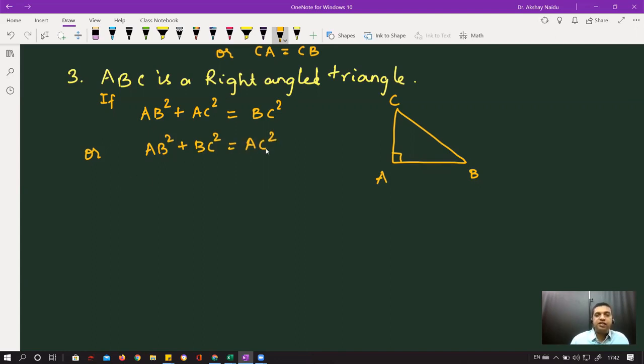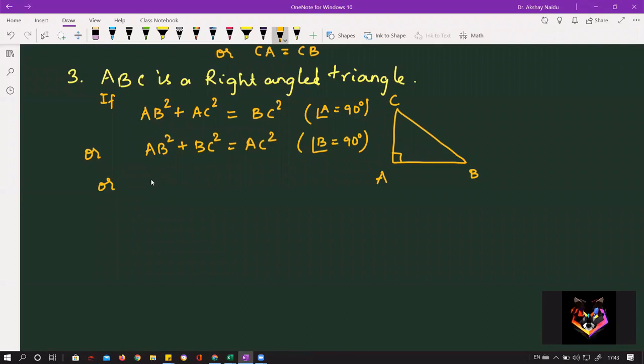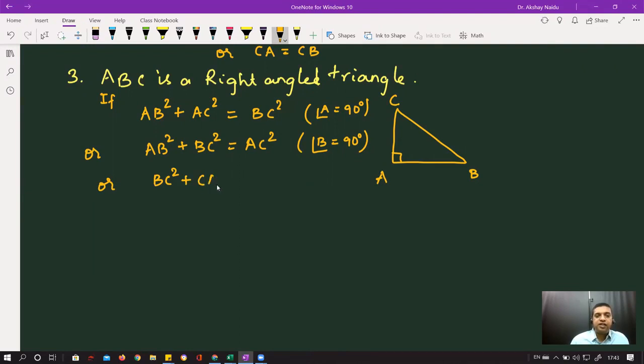All right. In this case, angle A is 90 degrees. In this case, angle B is 90 degrees. Or angle C: BC square plus CA square is equal to AB square. In this case, angle C will be 90 degrees.